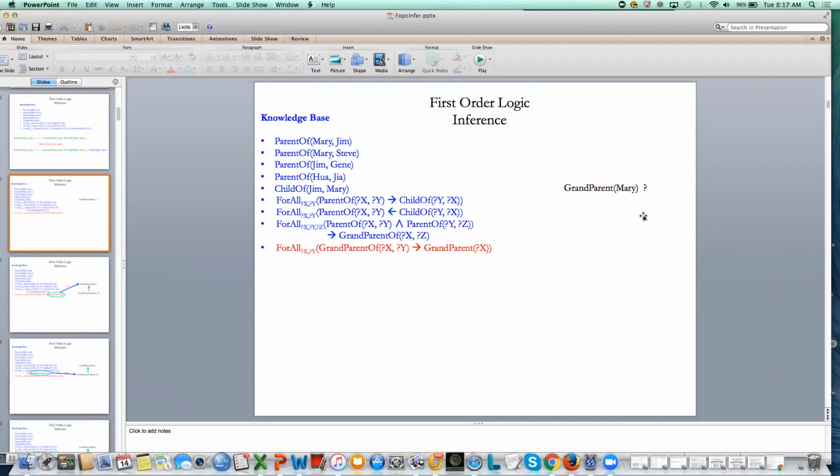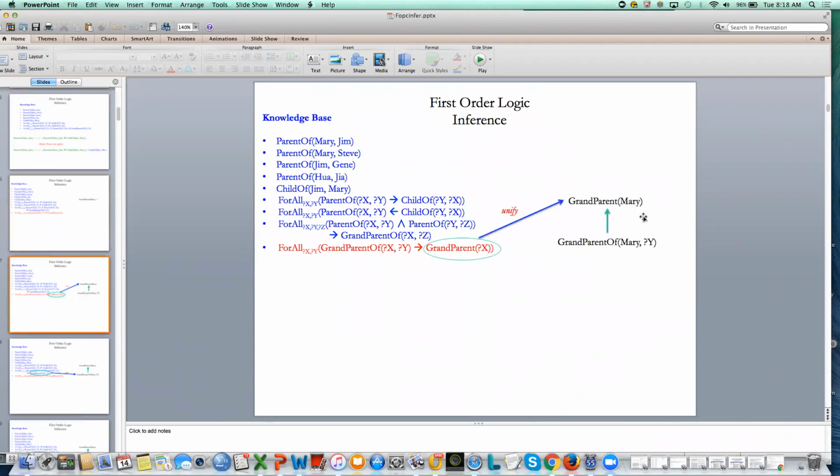So let's say that we want to prove that Mary is a grandparent. We would take the goal that we were trying to prove, grandparent Mary, and we would look for rules. We would either look for an exact match in our knowledge base, and if we don't find an exact match, and we don't, we would look for a rule whose consequent was something that would unify with grandparent Mary.